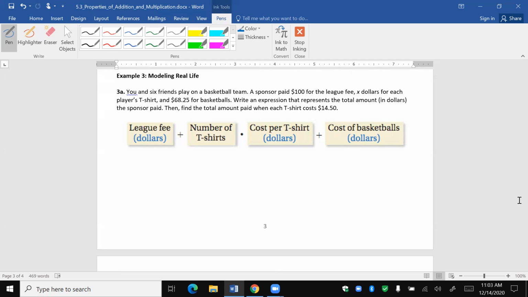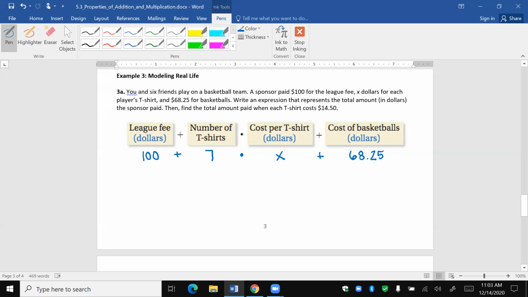So the league fee is $100 plus the number of t-shirts. It says you and 6 friends, so that would be 7 total shirts, times, we don't know what our shirt is yet, so we'll just put X. And then plus the cost of our basketballs is $68.25.